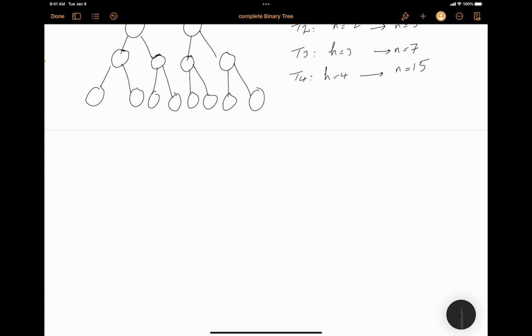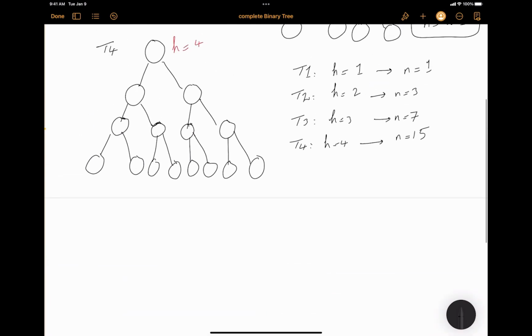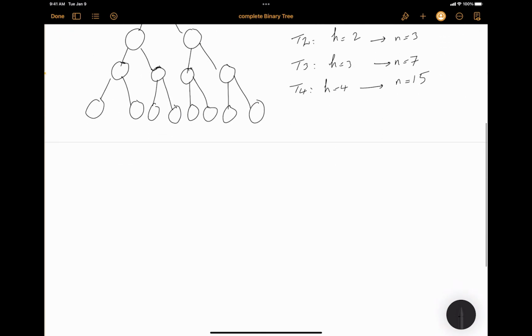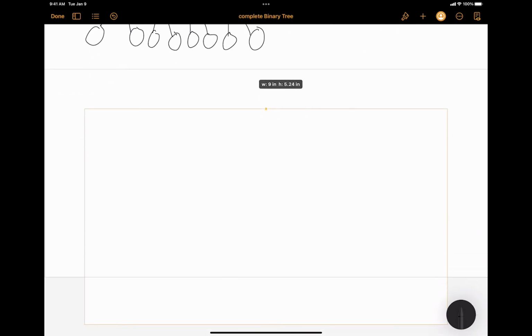So what I'm going to do is start by writing down what we have here. When h was equal to 1, when the height of the tree is equal to 1, we have a complete tree of height 1, so we had only one node at the root.